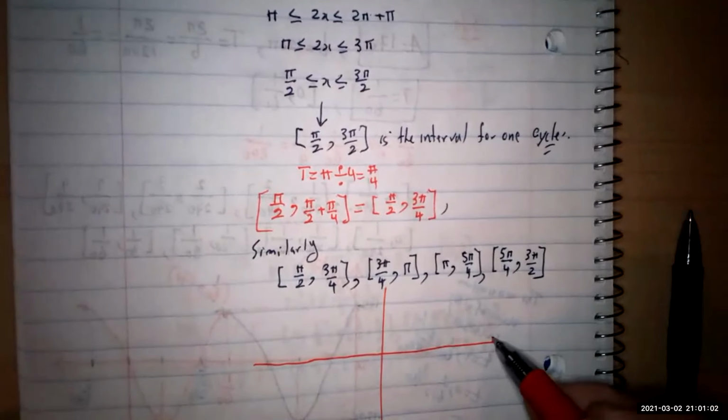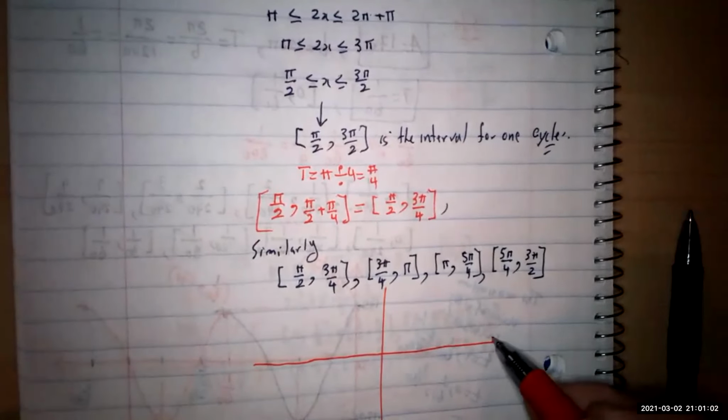This is 0, and this is, for example, 2 pi. The numbers you need are pi half and 3 pi half. So this is pi half, and that's 3 pi half.